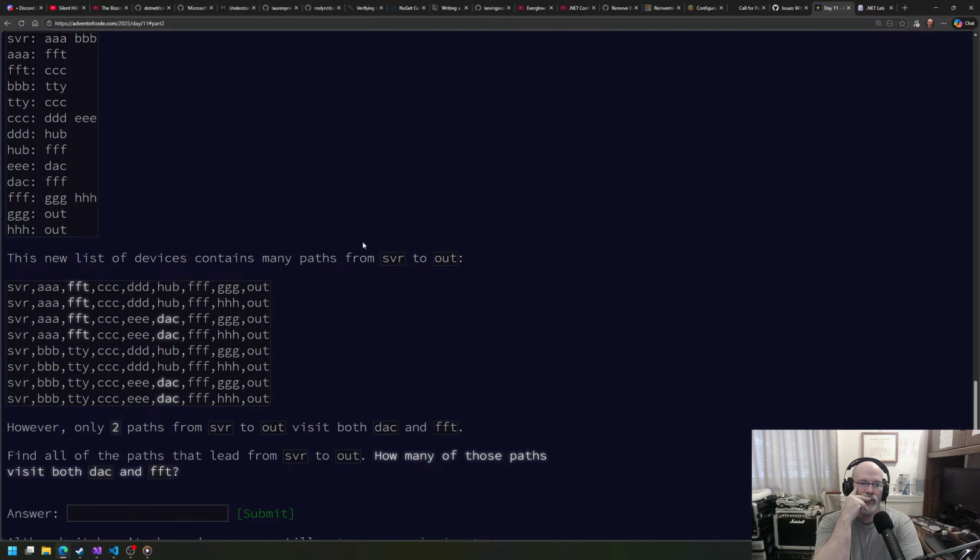Server must have a lot more paths, and it's just taking a long time to get to the answer, is my thought. I think you get to the out real quick. But again, I don't think there are any cyclical paths. I don't think there are any. Each of these, server to the next to the next to the out, you'll eventually come back through all of them. You'll come back up. Right?